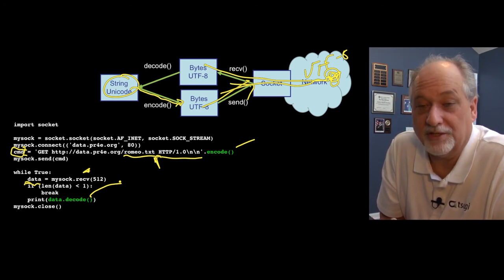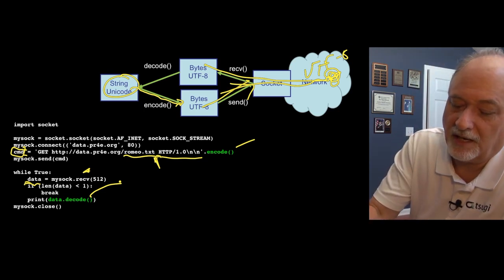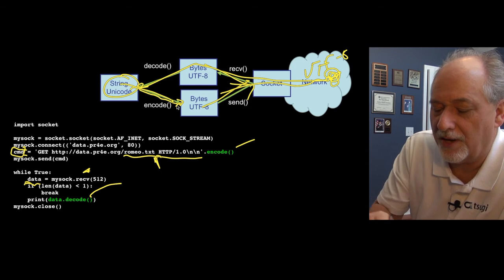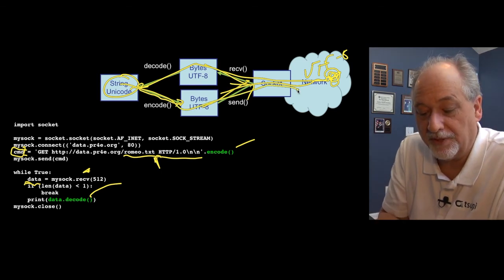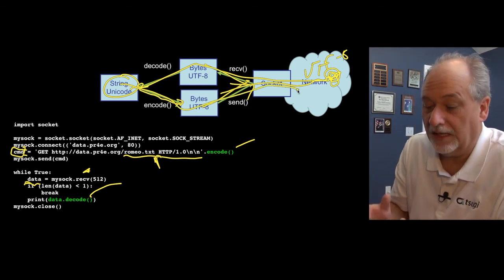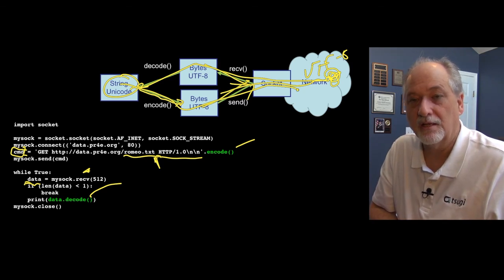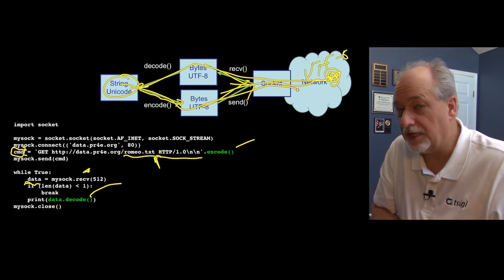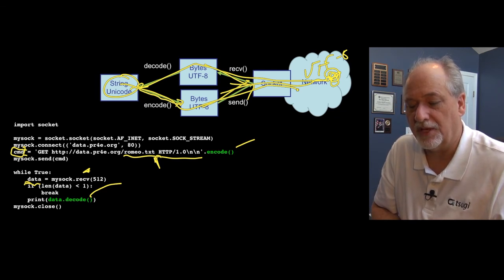But the simple thing is you just say, I'm going to clean up my data on the way in by running it through decode, and I'm going to encode stuff on the way out. Sockets are the place where this comes into play, and you'll see we'll always do this encode and decode every time we're sending data between outside of Python and inside of Python.